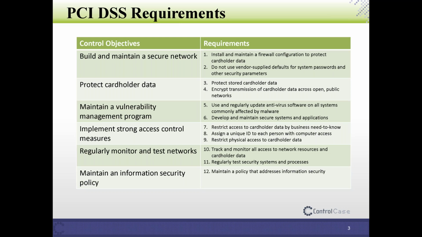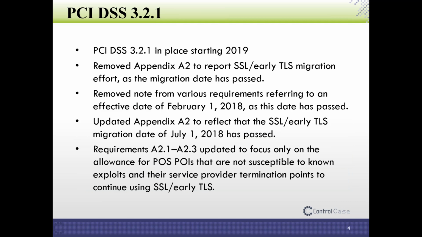The next one is monitoring and testing networks, and this would include vulnerability scanning, penetration testing, logging and monitoring, file integrity monitoring, and a lot of technical controls that establish detective as well as preventive controls from a perspective of ensuring cardholder data security. And finally, maintaining an information security policy, which includes policies, training, vendor management, and other areas such as that. So that is a high level of the PCI DSS requirements.